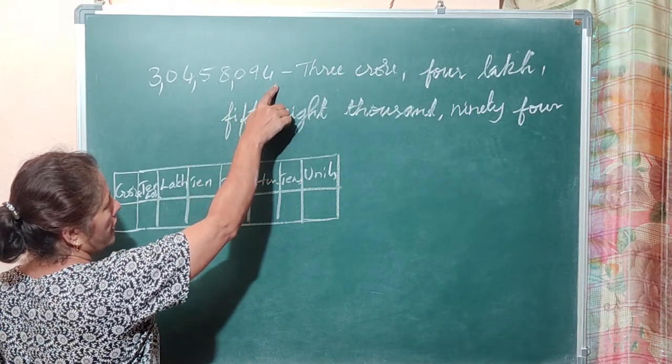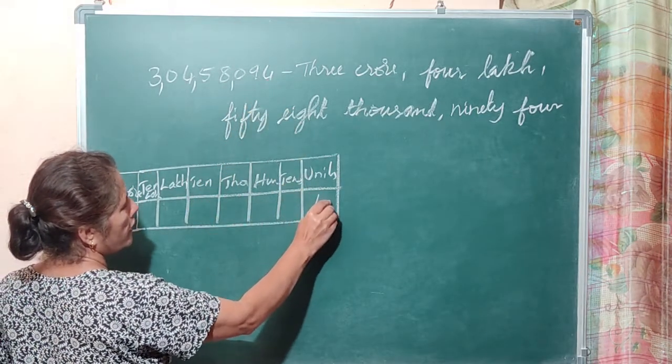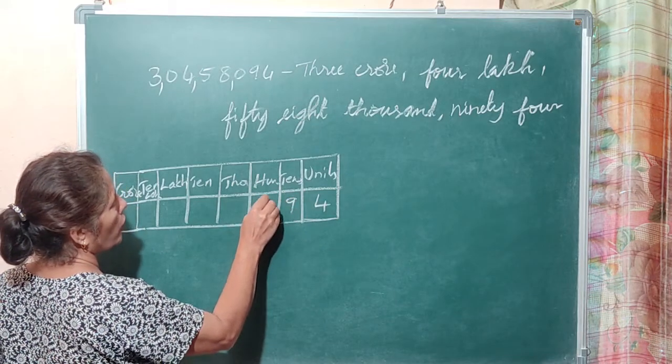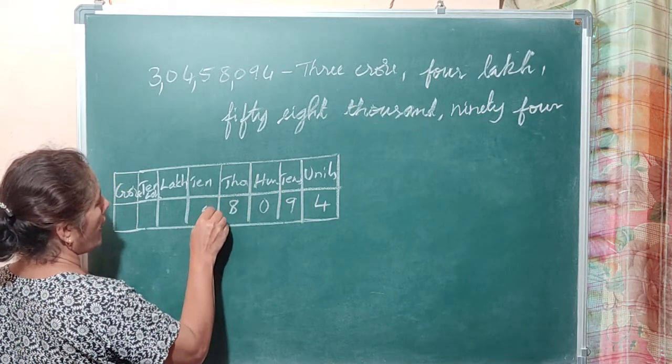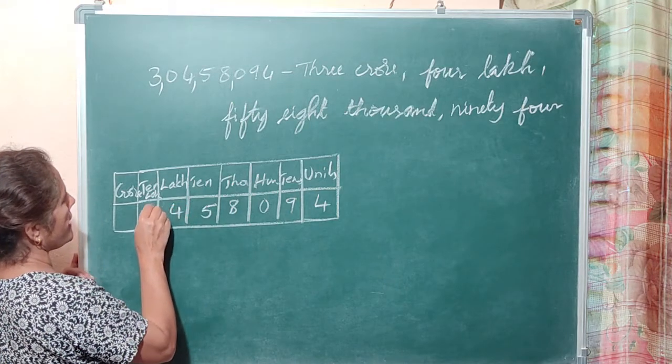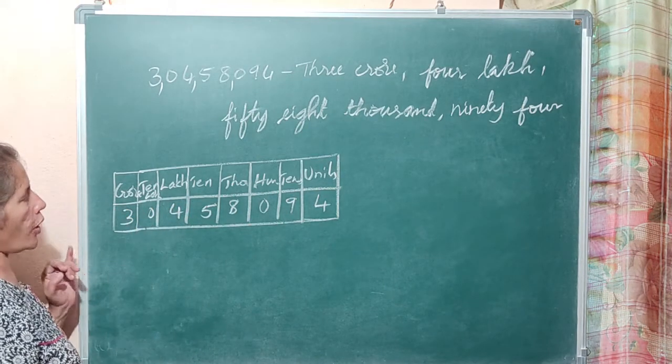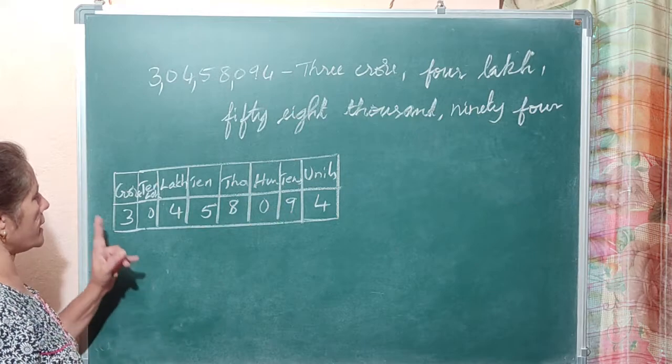We'll write from the right hand side: 30458094. So how do you write in the expanded form?